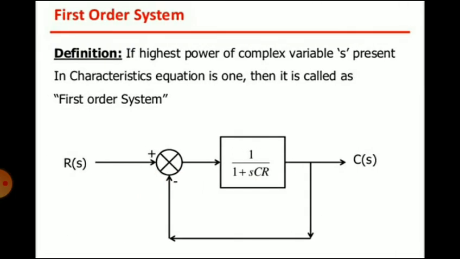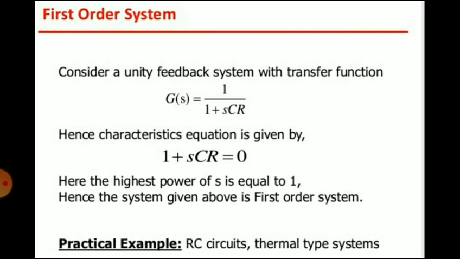Then first order system: if the highest power of the complex variable s present in the characteristic equation is 1, then it is called a first order system. The transfer function is given, and this can be expressed as 1 + sCR = 0. So the highest power of s is 1, so it is a first order system. Examples are RC circuits and thermal type systems.